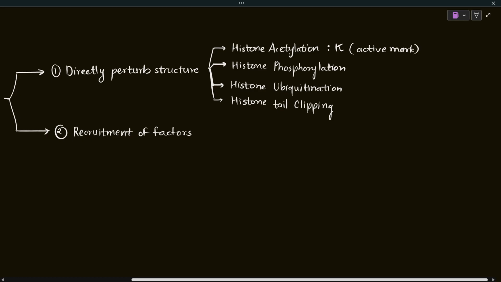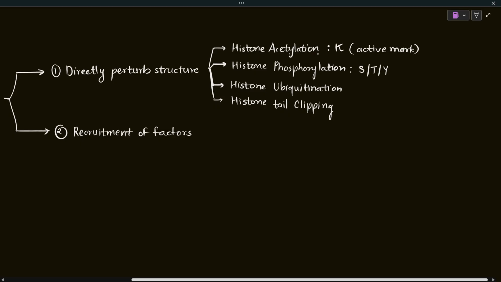In histone phosphorylation, we add a phosphate group, which is an overall negative group, and this is how it changes the histone-DNA interaction. The phosphorylation is done on serine, threonine as well as tyrosine residues with the help of different types of enzymes.